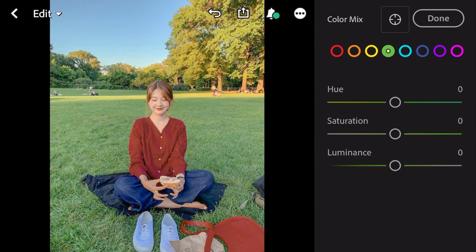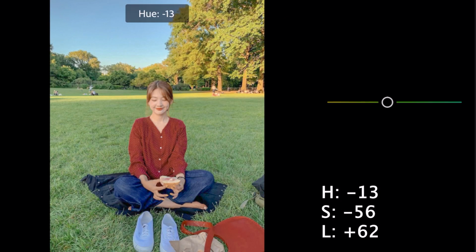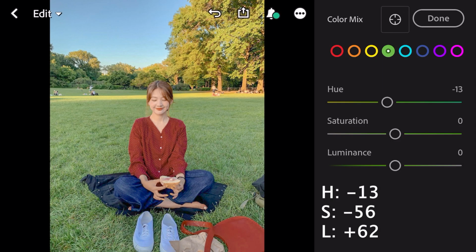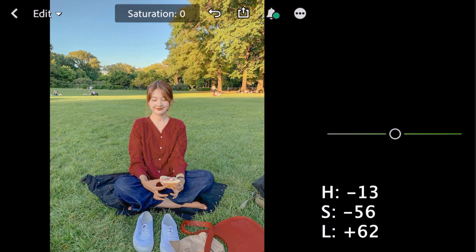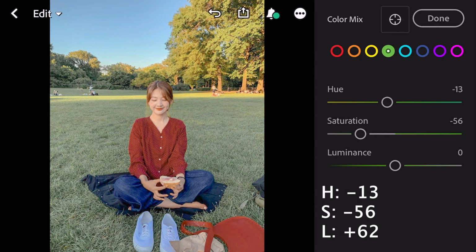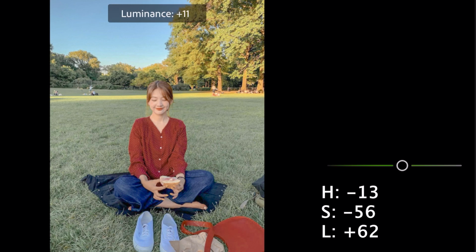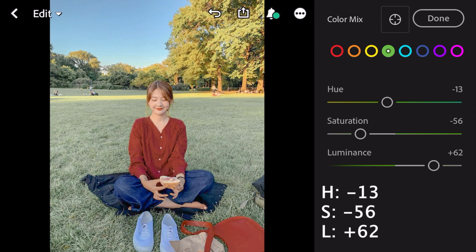Go to green. Hue minus 13. Saturation minus 56. Luminance plus 62. Go to aqua.